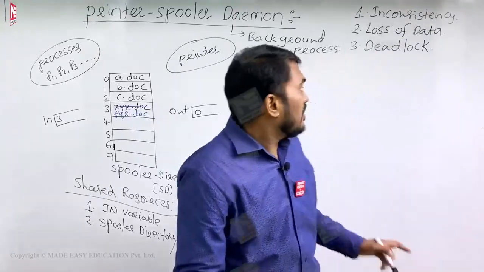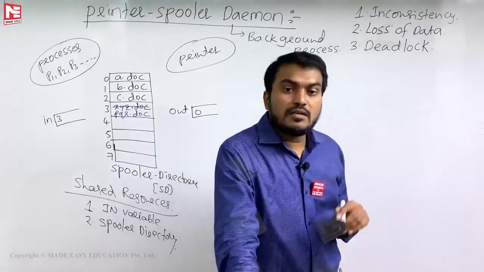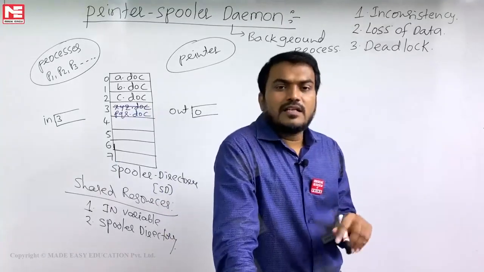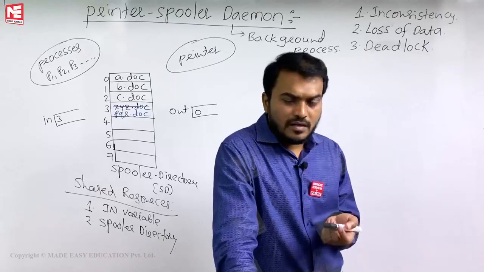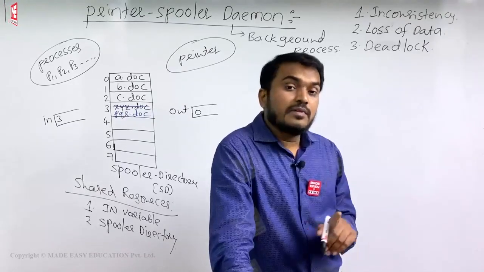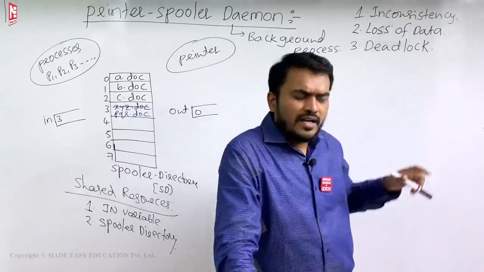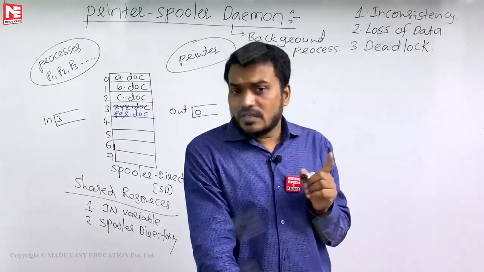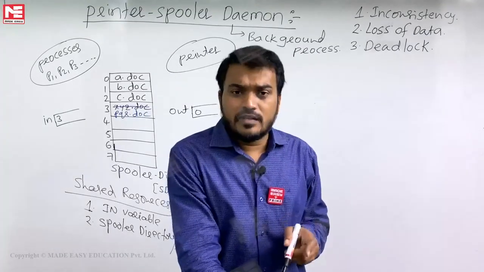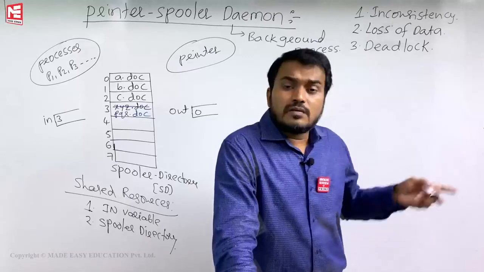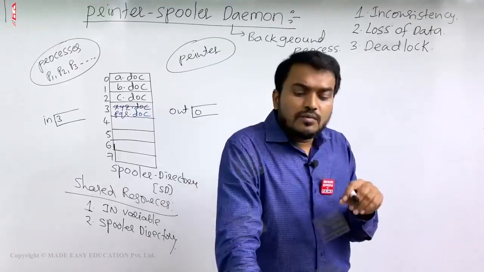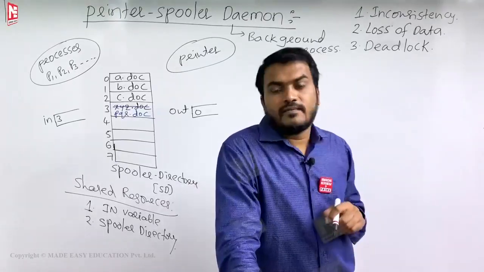So I am repeating. When the processes are not properly synchronized while sharing common data or common variables or common resources, it is also possible for what? Deadlock. So how is this deadlock going to occur?